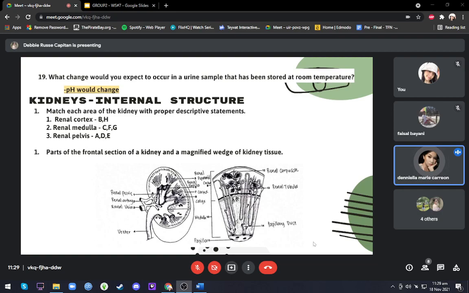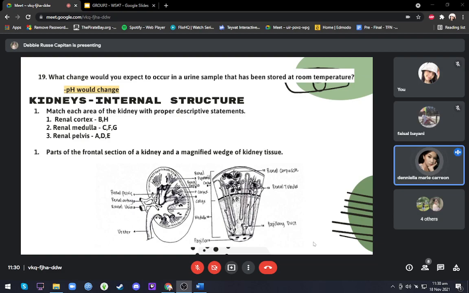Number 2, parts of the frontal section of a kidney and a magnified wedge of kidney tissue. So this is your renal pelvis, number 1. Number 2 is renal artery. Number 3 is renal vein. Number 4, ureter. Number 5, renal pyramid. Number 6, renal papillae.